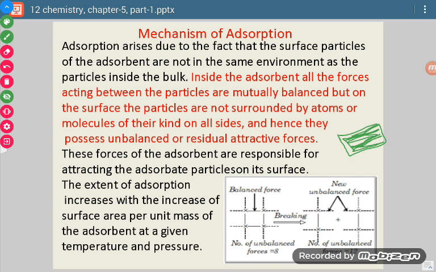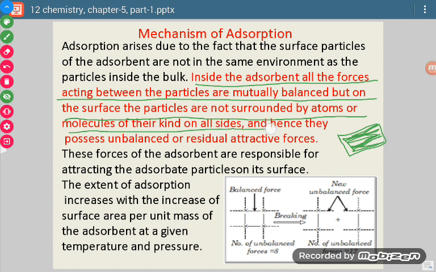So why is there the phenomenon of adsorption? Inside the adsorbent, all the forces acting between the particles are mutually balanced, but on the surface the particles are not surrounded by atoms of that kind from all sides, so they possess unbalanced or residual attractive forces.